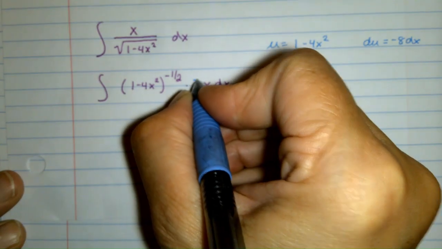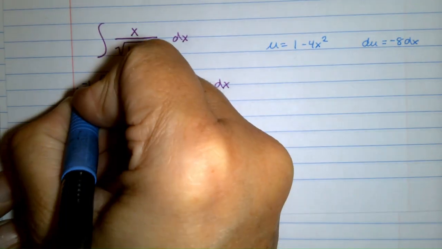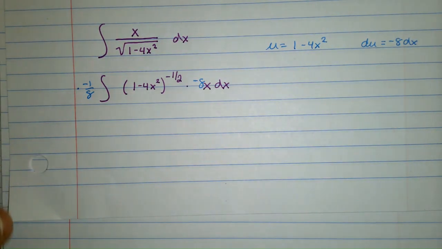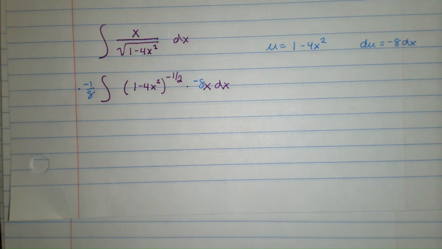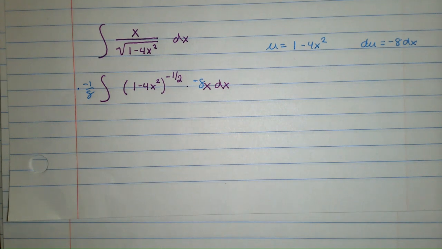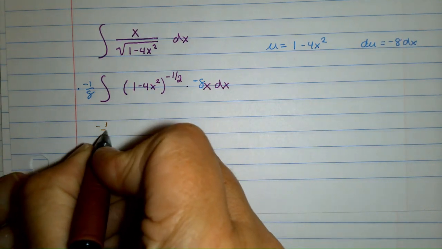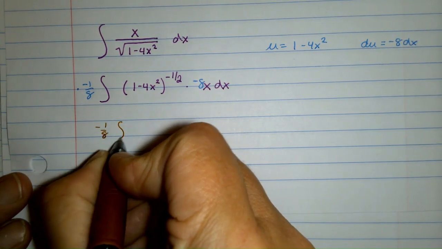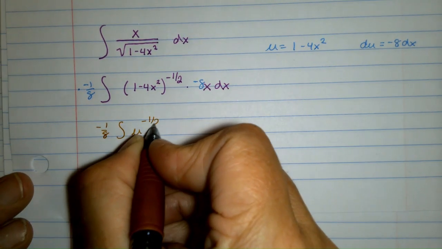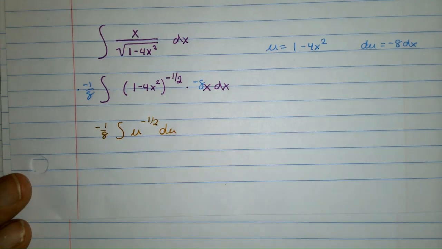So if you like doing the times negative 8 times negative 1/8, that's the same thing, right? Because if you multiply those two light blue things together, they will multiply to positive 1, and we can always multiply anything by 1 without changing it. So it gives us negative 1/8 integral of u to the negative 1/2 du.